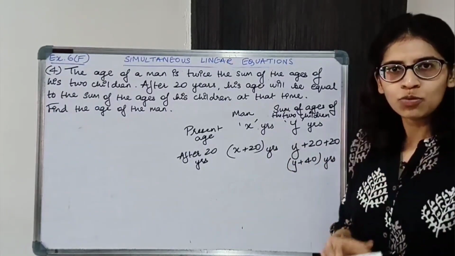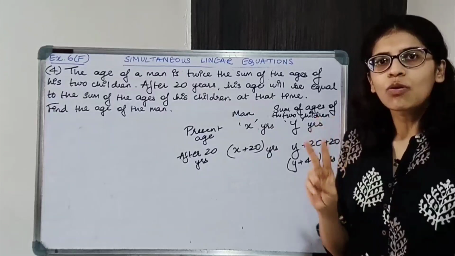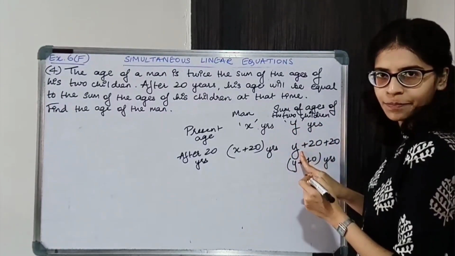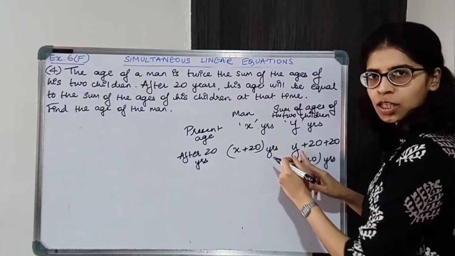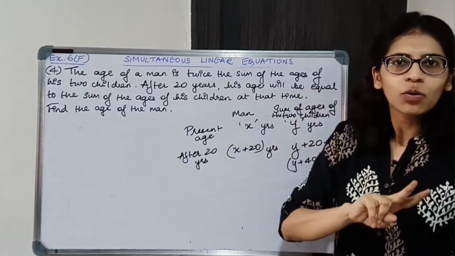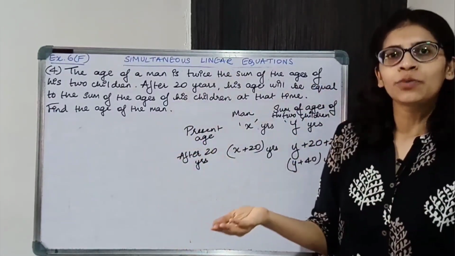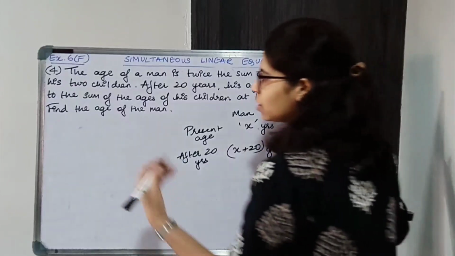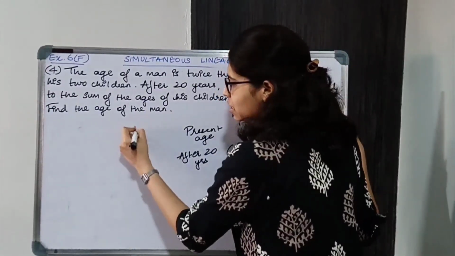I hope you are getting this, students. There are two children, so the sum of both is y years. So after 20 years, 20 is added twice to the sum, because both ages increase by 20 years.